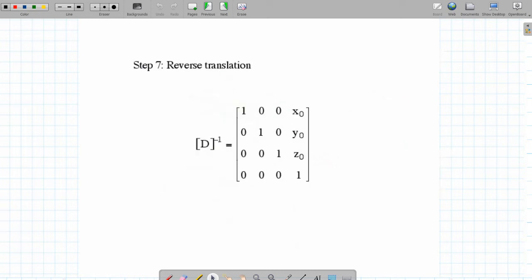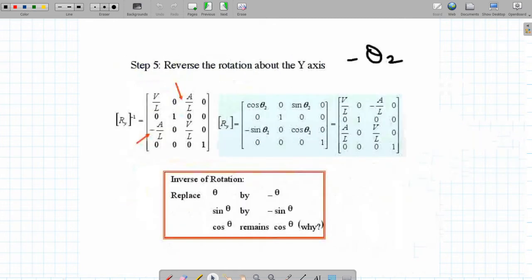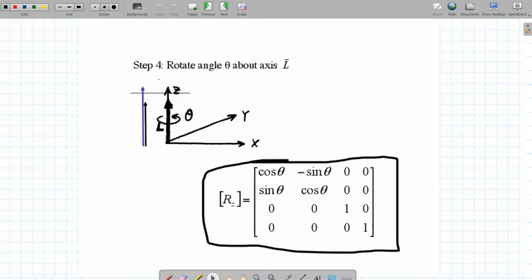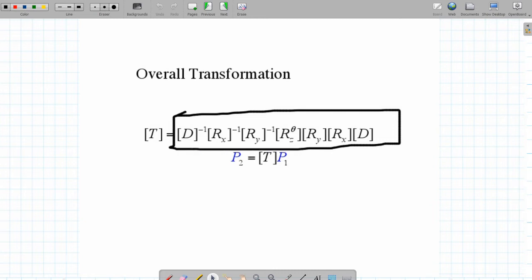So this was the sequence of operations you need to apply if you want to rotate anything with respect to some arbitrary line. Try to remember the steps. These mathematical operations are a bit complicated, so give them your thought if you are interested. That was rotation about an arbitrary axis, and here is your complete sequence of operations.